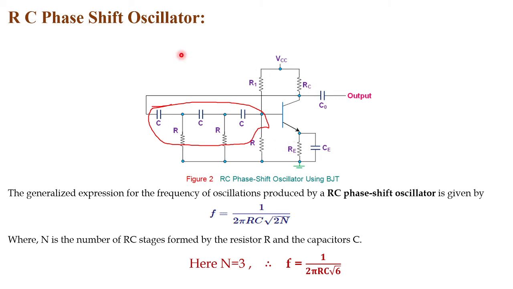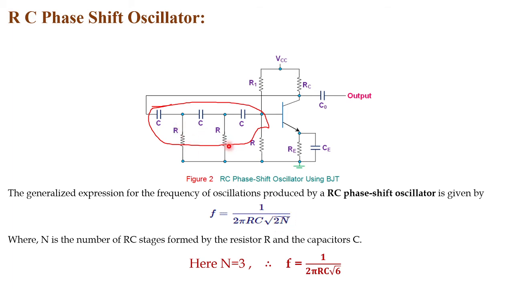And this RC phase shift network should have a value of A beta nearly equal to 1. Here the current will oscillate in this circuit. The frequency of oscillation is given by 1 upon 2 pi RC, where R is the resistance and C is the capacitor used in this feedback network, into root of 2N, where N is the number of RC networks.